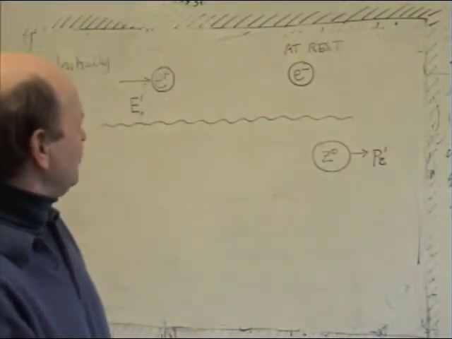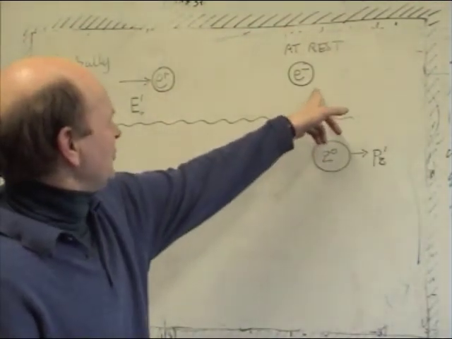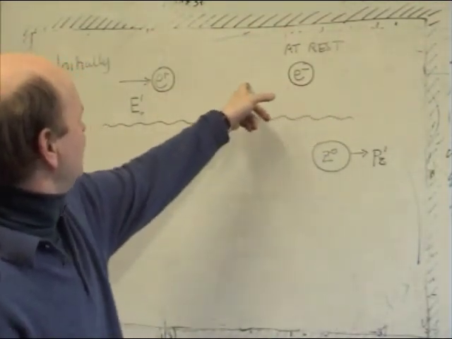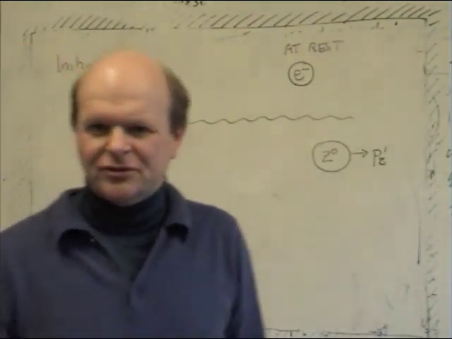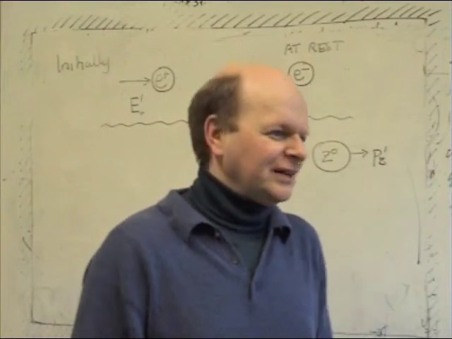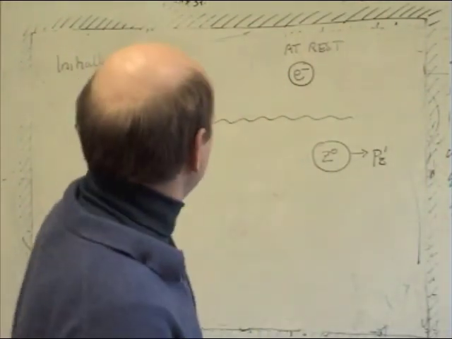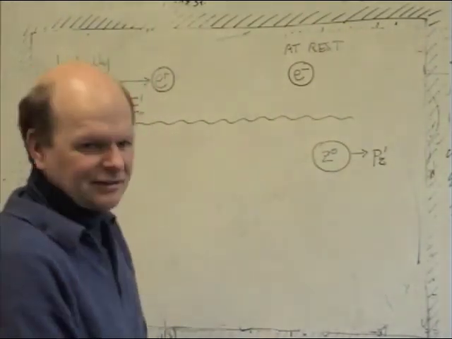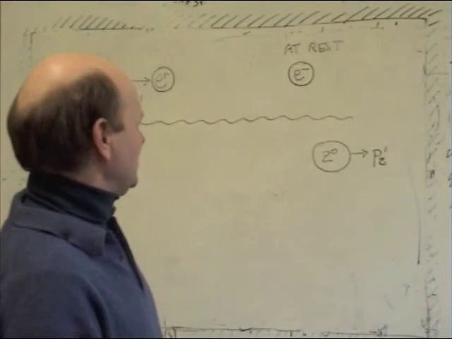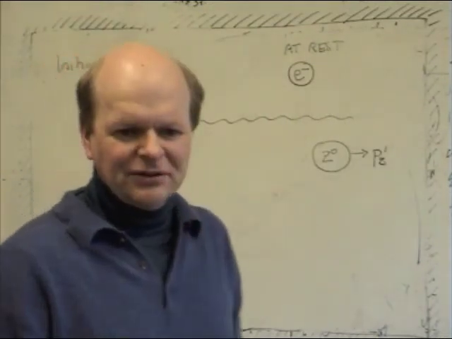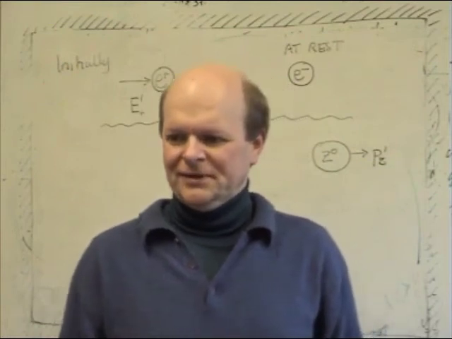You can, of course, arrange for the Z0 to have zero momentum if the electron isn't initially at rest. If the electron's moving that way, you could arrange for the Z0 to be produced at rest. But what you're doing then is going back to the centre of mass frame. So in the lab frame, if you have a fixed target, with an electron at rest, you cannot have the final state being a Z0 at rest. That makes the problem a little bit more complicated, nominally.